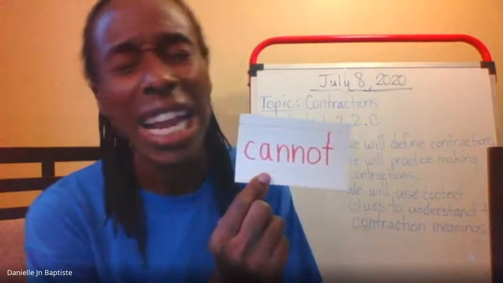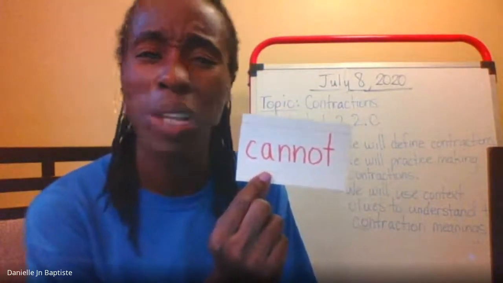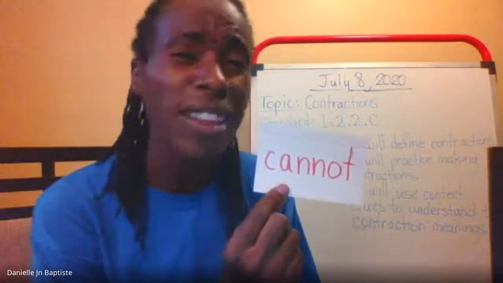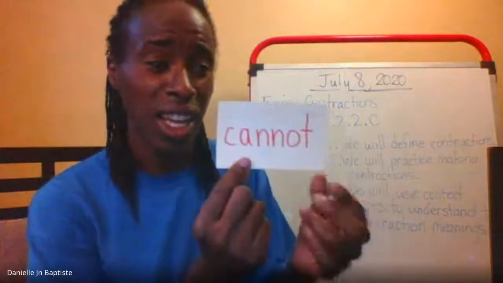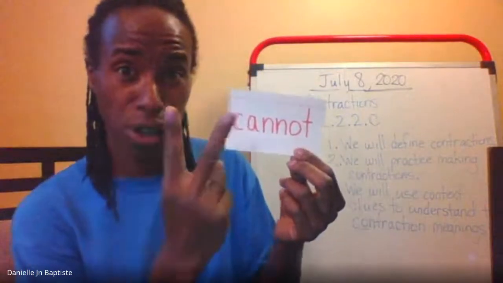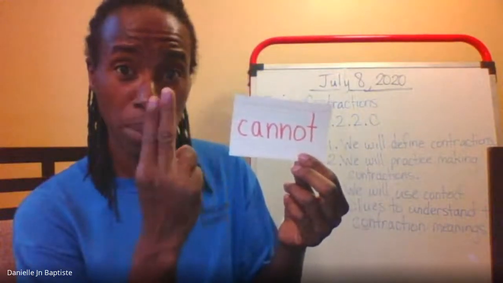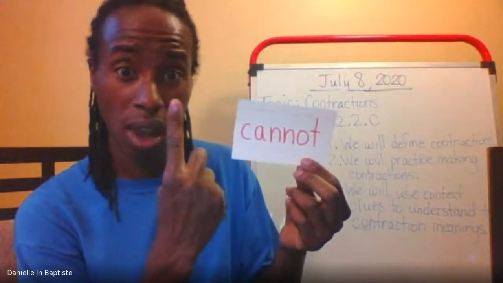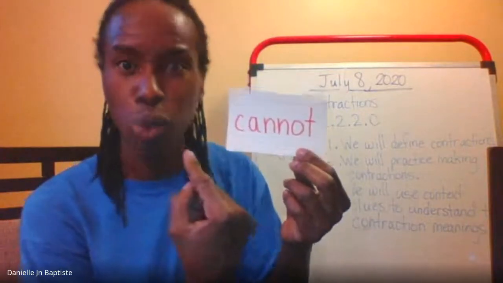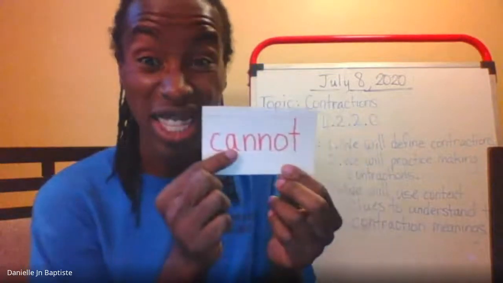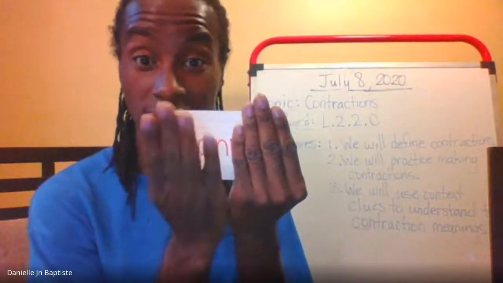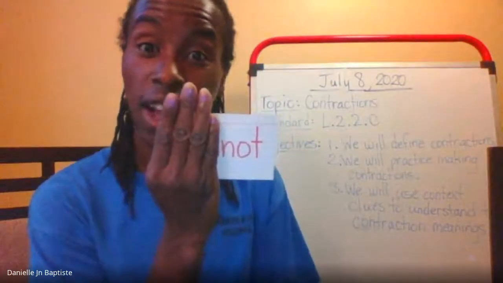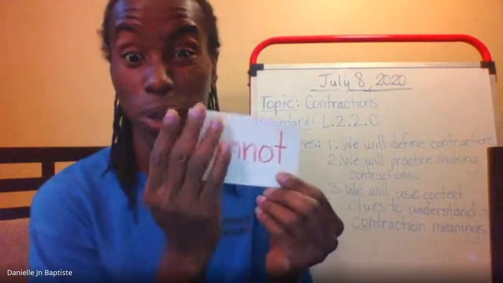Usually, 99% of the time, which means almost every time, we'll have two words that we put together to make one. In this case, it's one word that's already together. But as you can see, there's can, not. It's like a compound word pretty much.